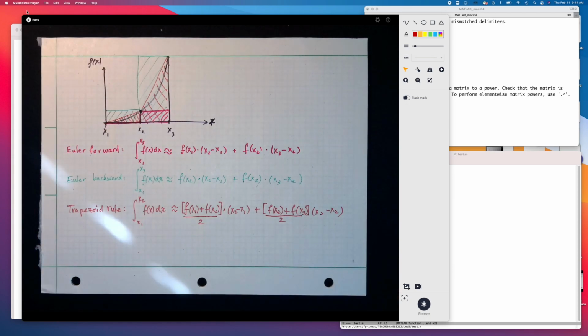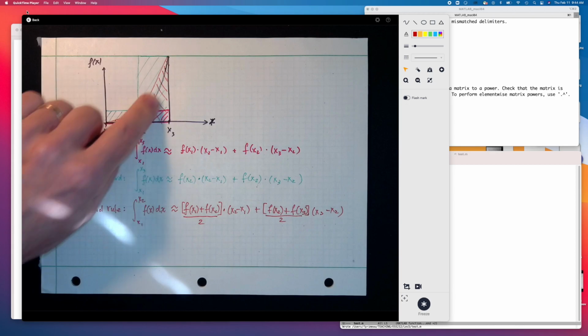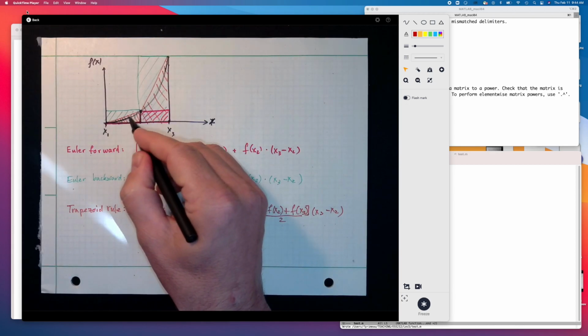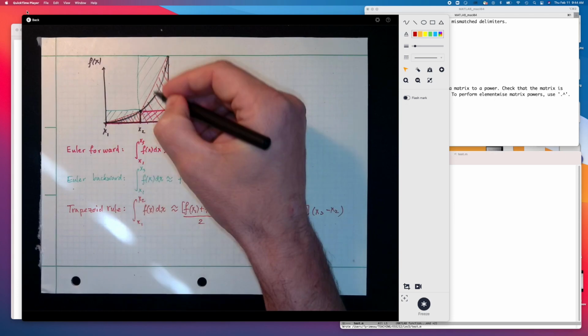So these would be three formulas for evaluating the area under the black curve by discretizing it in terms of just 3 points.